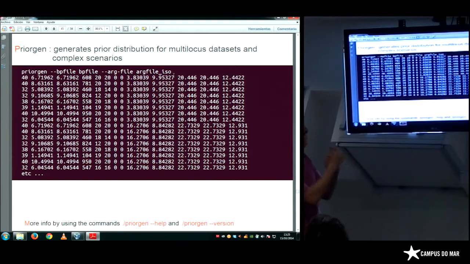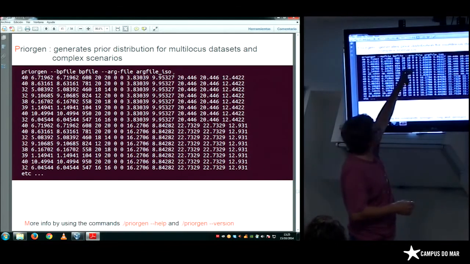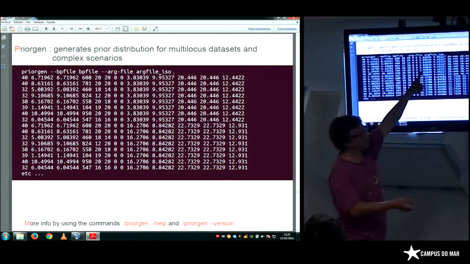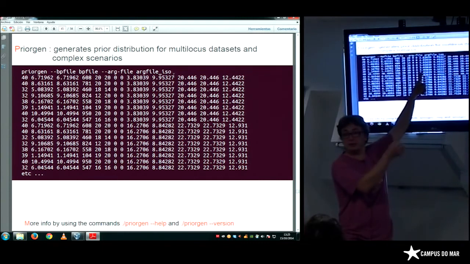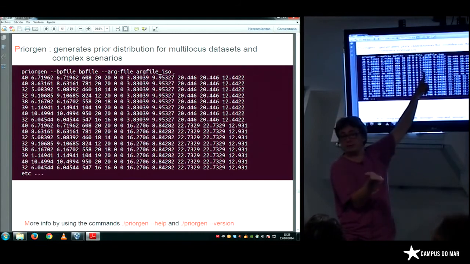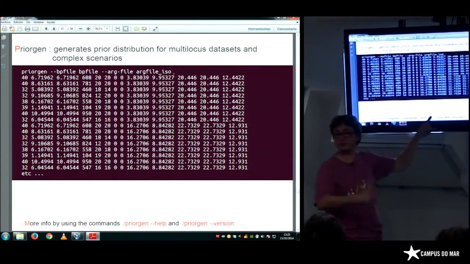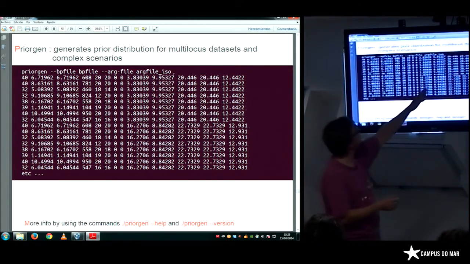It is divergence time. I don't remember the order, but I think it's the first one. So here we sampled in a uniform between 0 and 25 the value 3.8. And here we sampled the value 16.2. Okay? And we do the simulation with that.